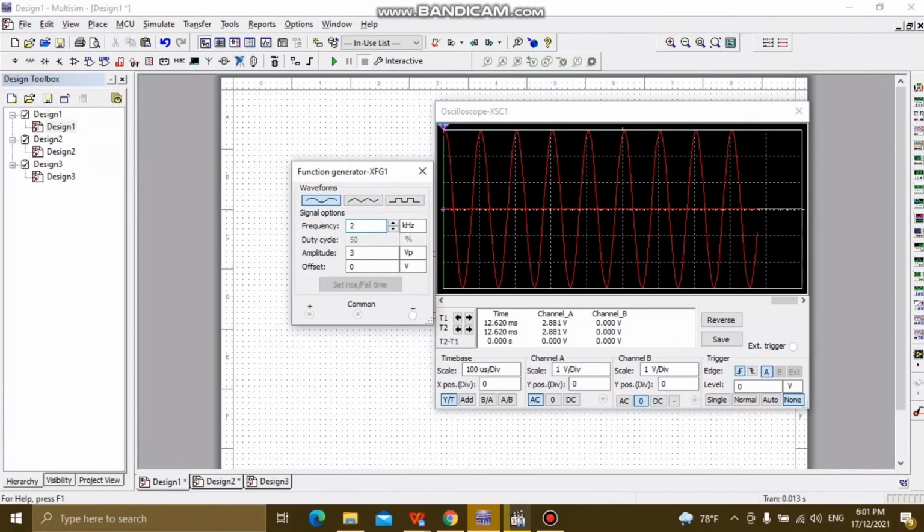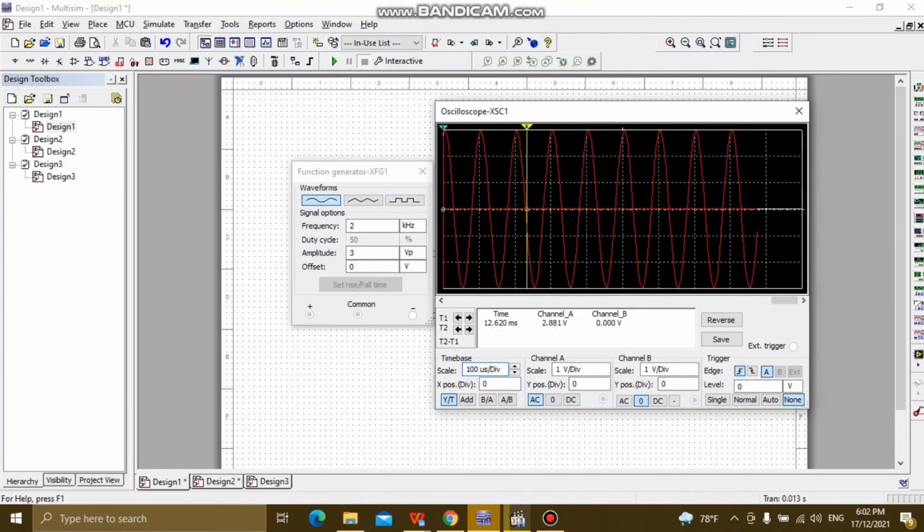Next, we want to determine the V peak to peak. Basically, V peak to peak is the maximum voltage change occurring during one cycle of AC voltage or current. To find the V peak to peak on the oscilloscope, we can just use the cursor here.